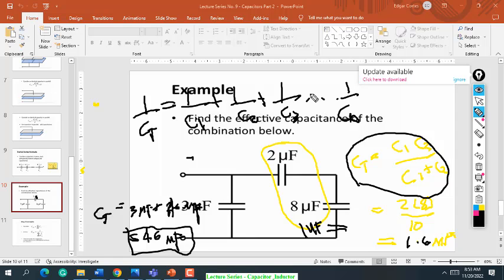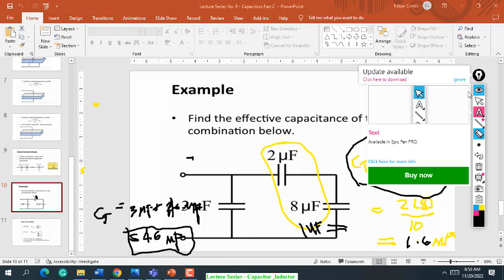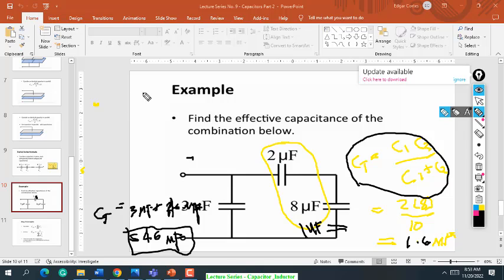So you can still try it, class, using this general formula. 1 over C total is equal to 1 over 2 plus 1 over 8.